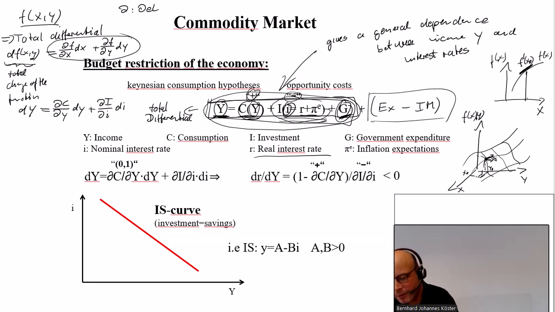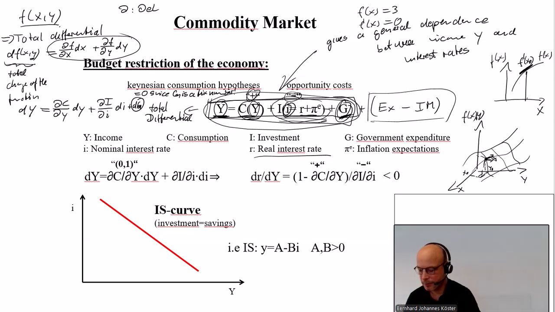That you have also learned. If f of x is 3, then f prime of x is 0. So let me write it down. dg, but this is 0 since G is a fixed number. So then I have this here.